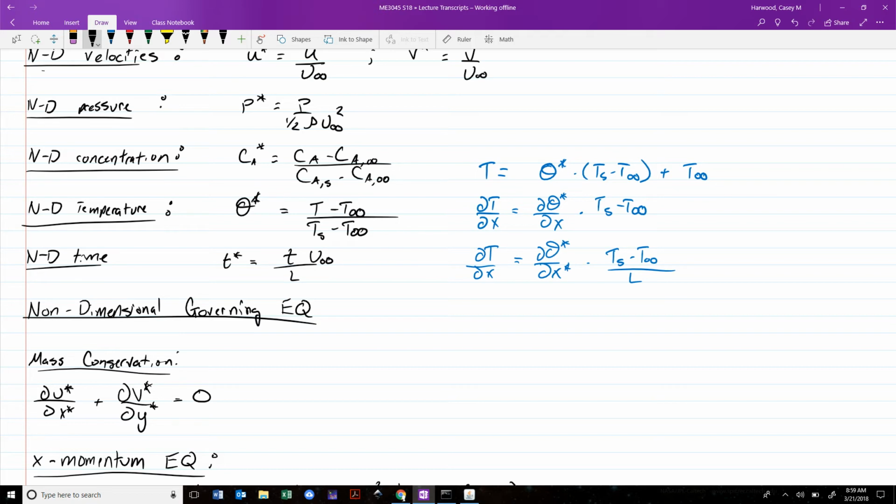So basically, the time divided by the time it takes for flow to move through our characteristic length L. Okay.